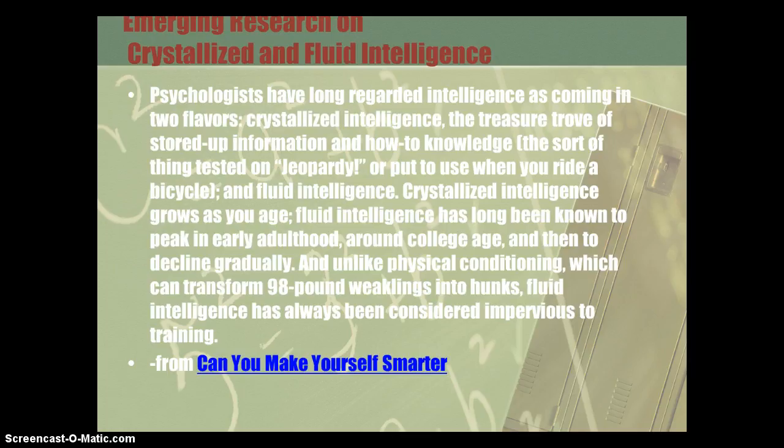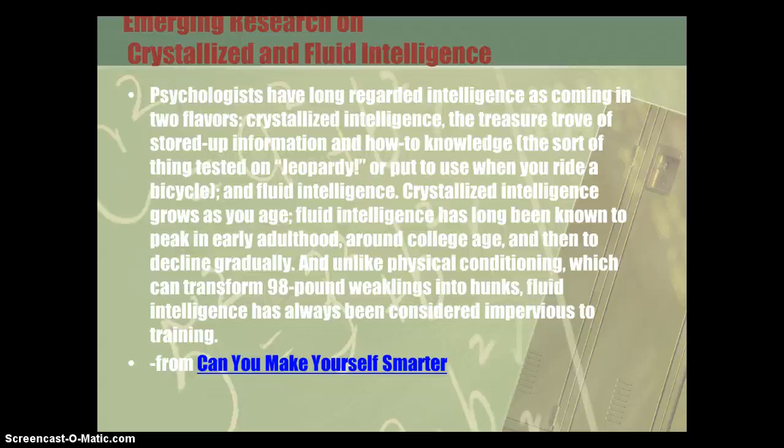Recently, we've begun to see some new ideas about crystallized and fluid intelligences. I'm just going to read this quote to you. Psychologists have long regarded intelligence as coming in two flavors: crystallized, which is your stored up information and how-to knowledge, and fluid intelligence.